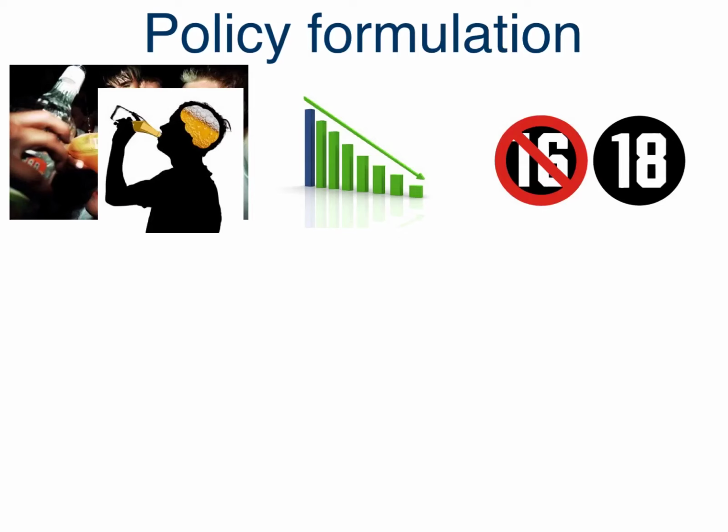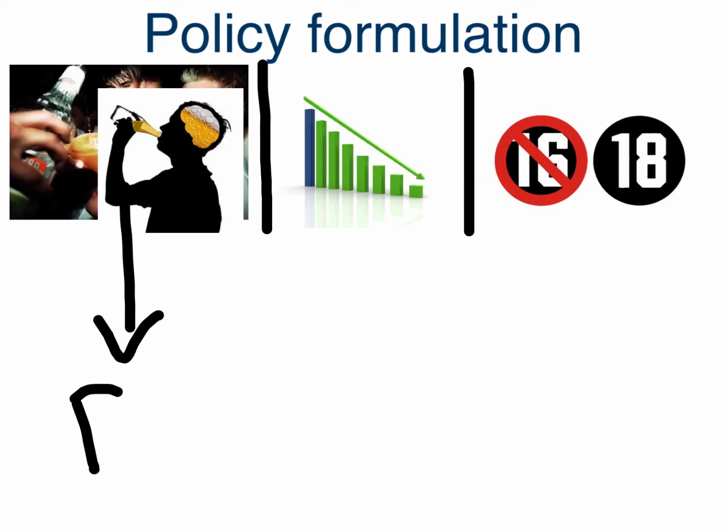Okay, what this example shows is that the formulation of a policy is mainly about three things. It's about examining the nature and scope of a social problem that forms a reason to propose new policies in the first place. Secondly, it's about setting social goals.